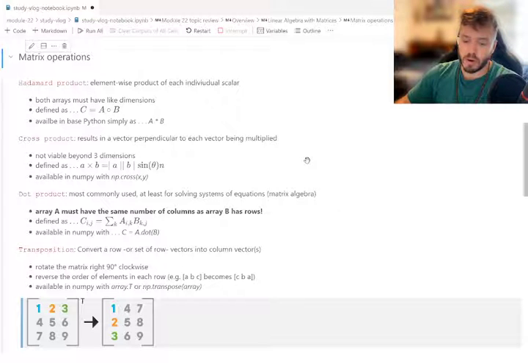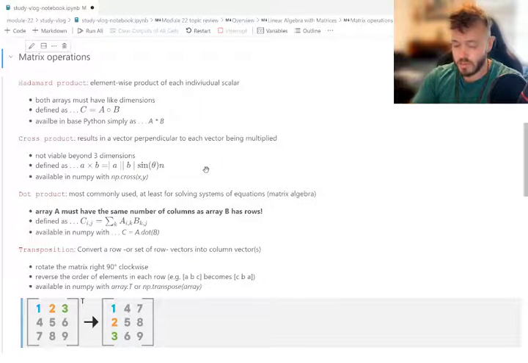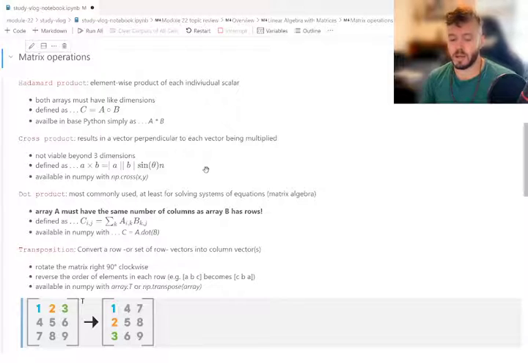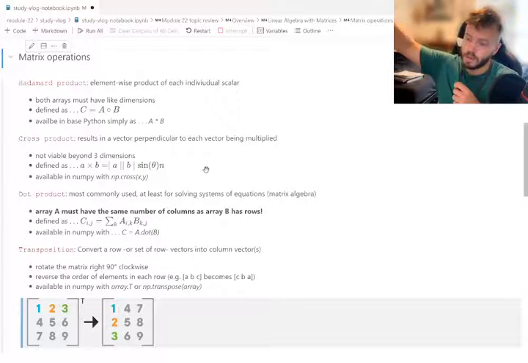There's also a thing called a cross product, which, if you just Google cross product, you can see some good visualizations on this. It results in a vector that's perpendicular to each of the vectors being multiplied. So this only works with vectors, is the big takeaway here. You can imagine a vector is a set of numbers. So if you imagine a 3D space, that might be points along a line.